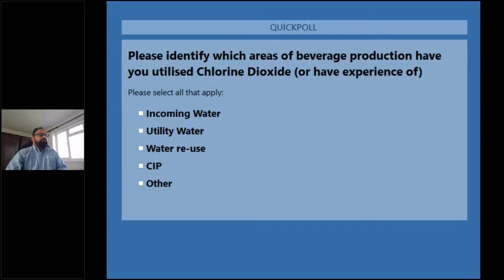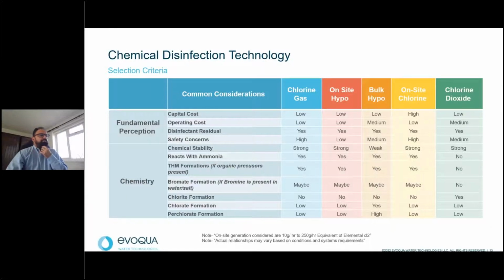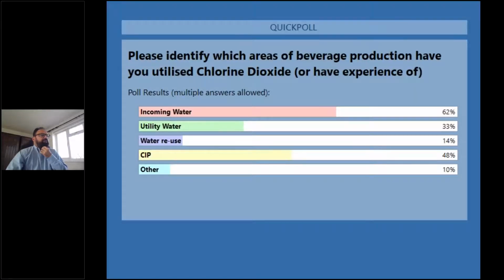I can see good inputs here, probably a couple more minutes. And you can see, as we anticipated, it's mainly on the incoming water and then the utility water.